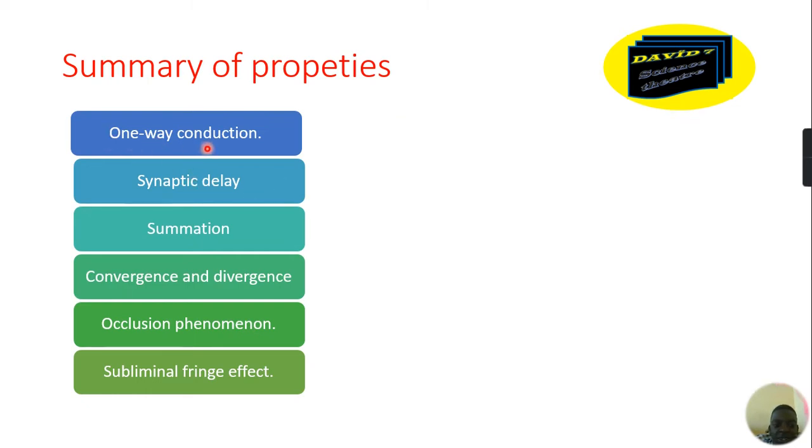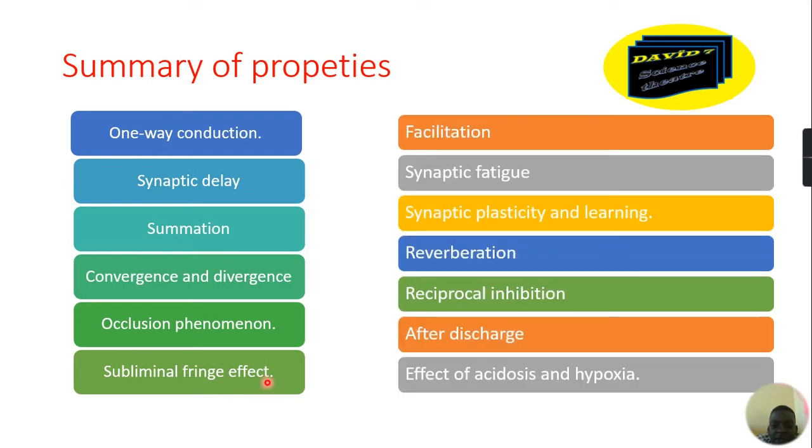So one-way conduction, that is the first property. Another one is synaptic delay, summation, which can be temporal or spatial. We have convergence and divergence. We have occlusion, all right. We have subliminal fringe effect. Those are 6, 7 remaining.